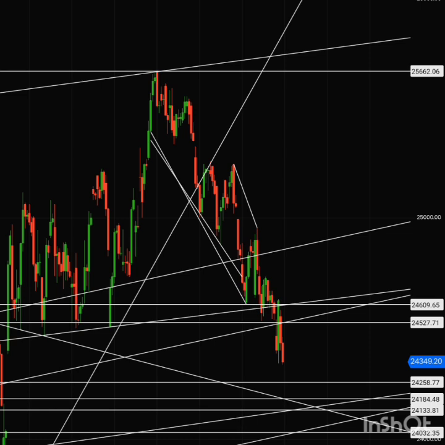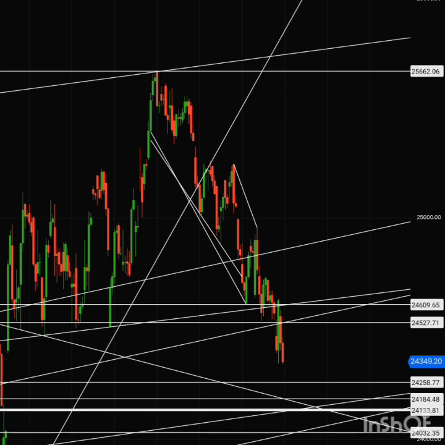If we fall below this 24,330, 336, then 300, that means below 295, then we have downside movement towards 24,255 and 24,180. Then this can move towards the 24,130 to 134 range, and the next level will be mostly the 24,030 range.